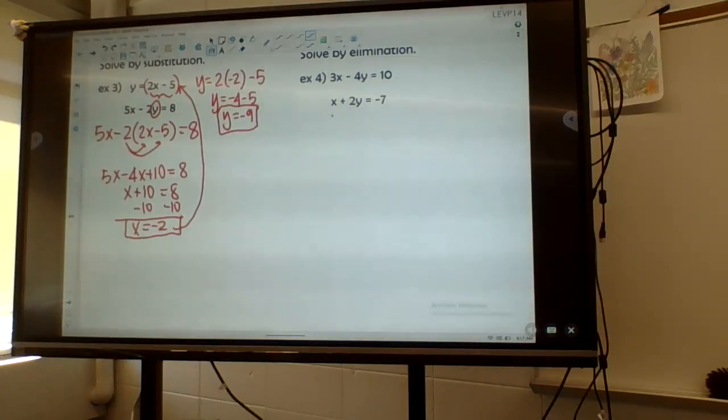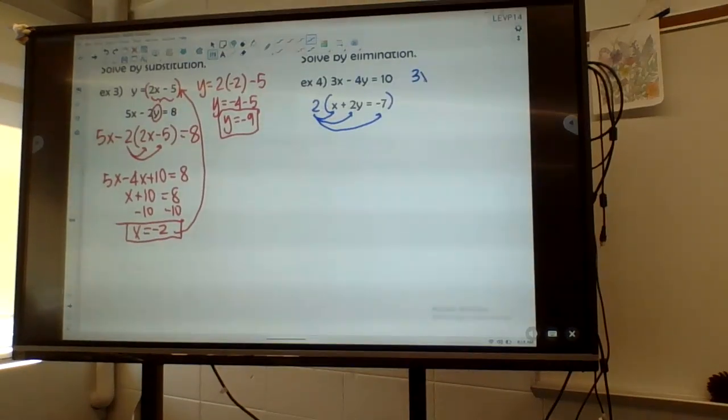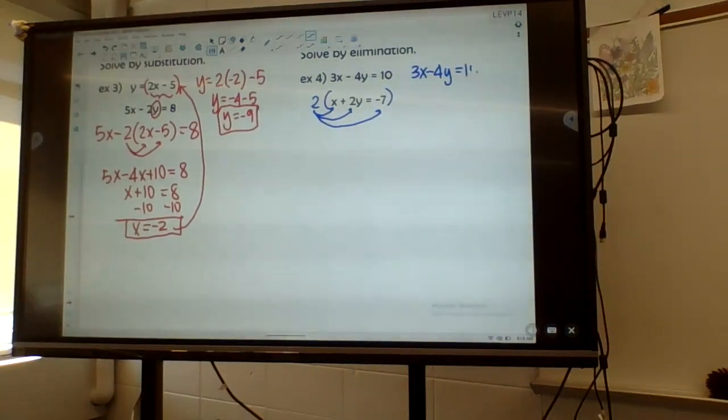Anyone see it? Yeah. What's that? Yeah, we can do times 2. The reason we do times 2 is because then this middle one would be a 4x or 4y, and it'd be the opposite sign. So we can multiply everything by 2. You could have also done -3, and that would have worked as well.